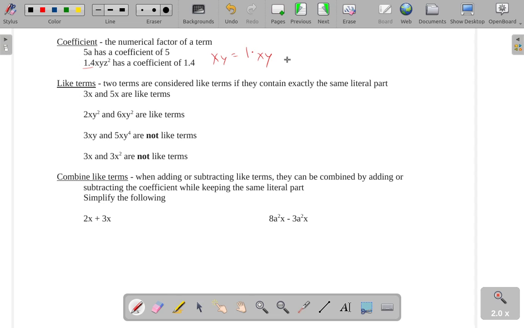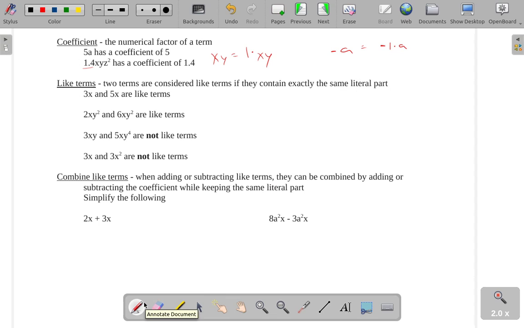And so this one would have a coefficient of 1. Whenever there is not a coefficient explicitly written, you just say that it's a coefficient of 1. Similarly, if you have something like the opposite of a, this is the same thing as negative 1 times a. So we would say the coefficient here would be negative 1.